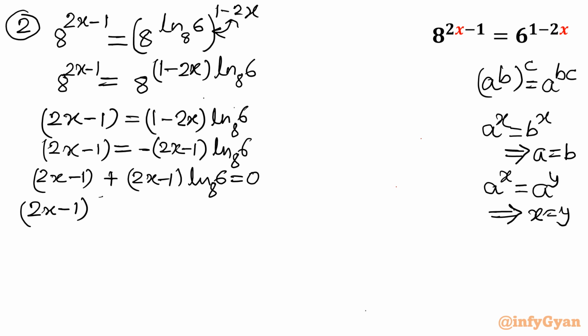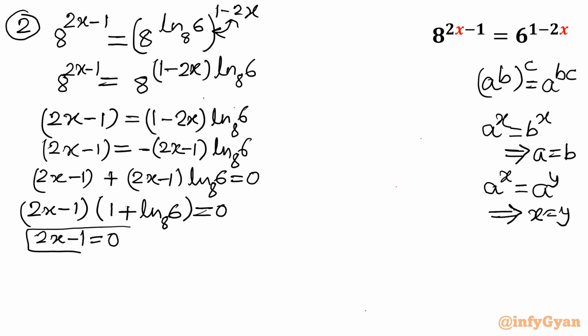So it will become, in brackets, what I will be getting: (2x minus 1)(1 plus ln 6 base 8) equal to 0. So by the zero product property, either 2x minus 1 is equal to 0, or 1 plus ln 6 base 8 equal to 0.